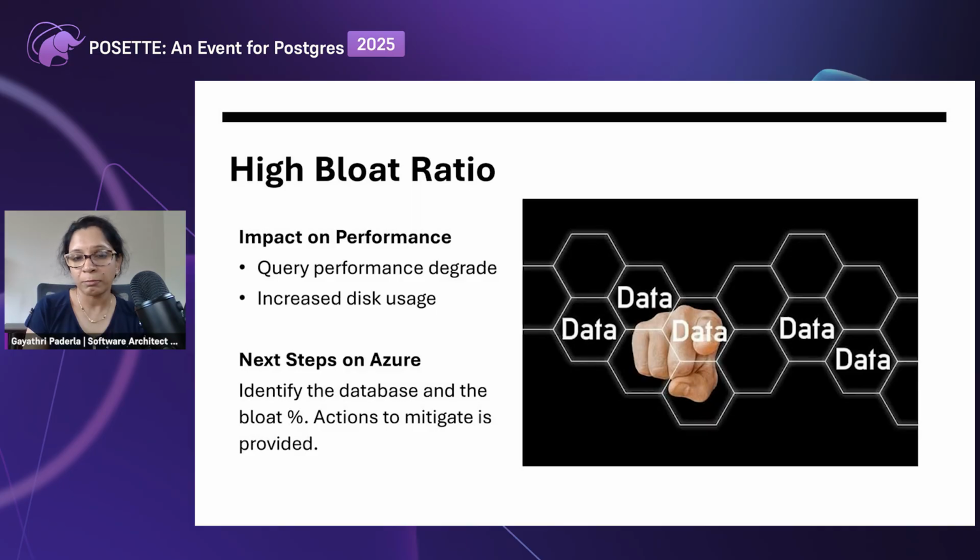If your bloat ratio is 80% on a specific table or a database, which means for your query performance, the optimizer has to sift through all those dead tuples. So it's taking longer time, and it's consuming a lot of resources, and also the dead tuples are occupying the disk space. So in such scenarios, your query performance is degraded.